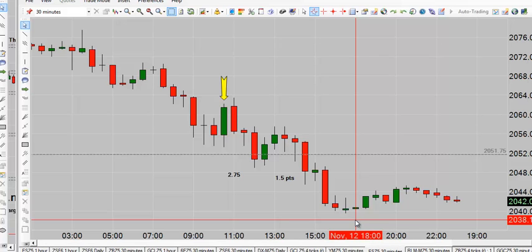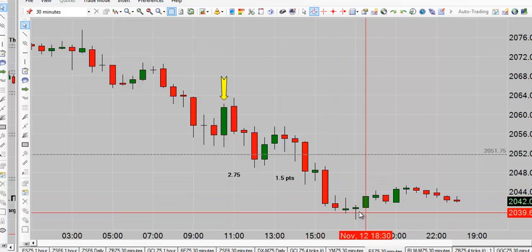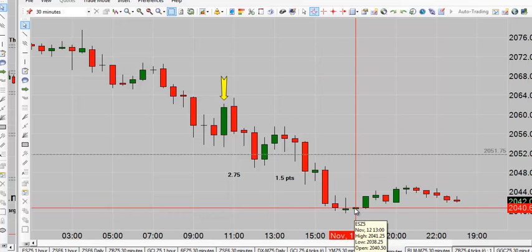Because I need to get done with this somewhat quickly, I'm going to go 2051.75 minus 2038 and a quarter.